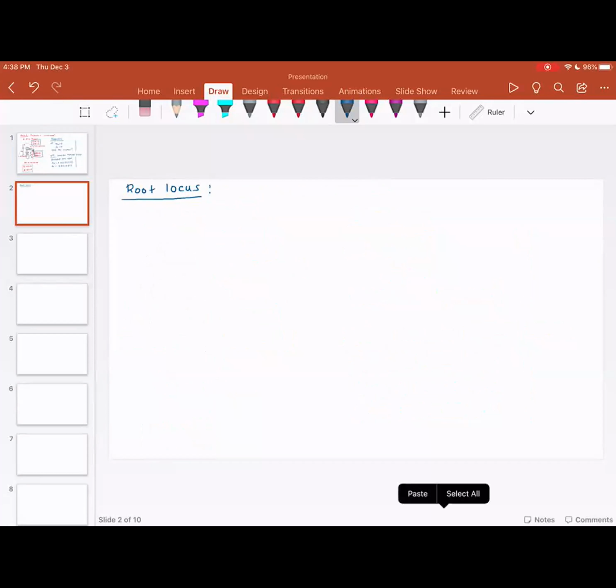So consider a feedback system. And for the sake of discussion, what I'm going to show is a very simple feedback system. So this is G of S. Then you have a summing junction.